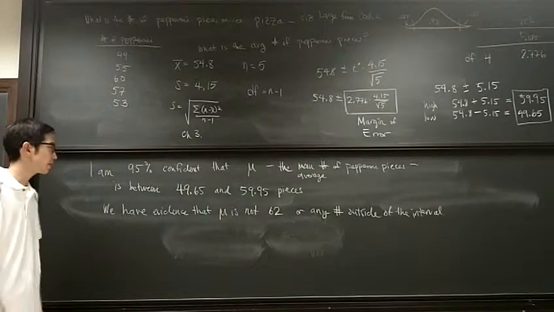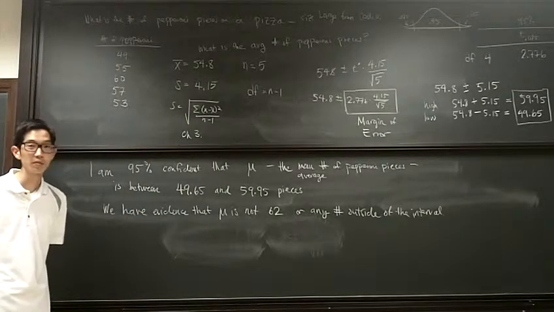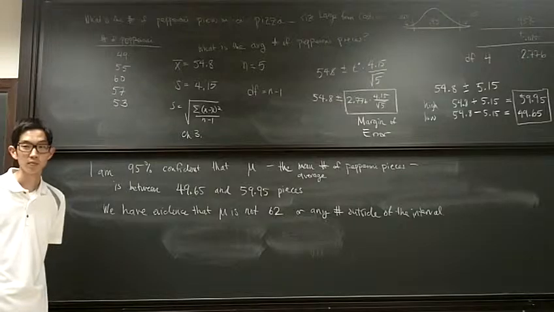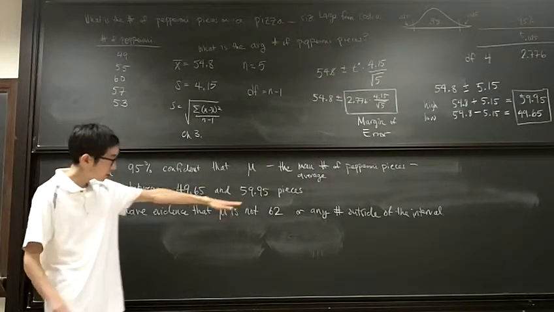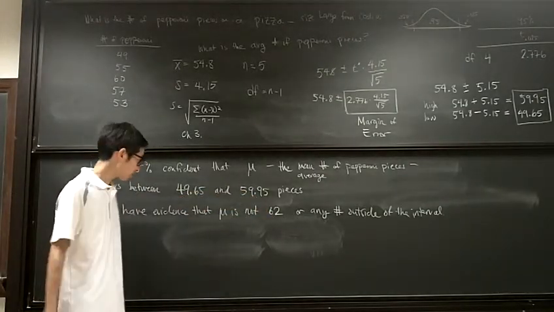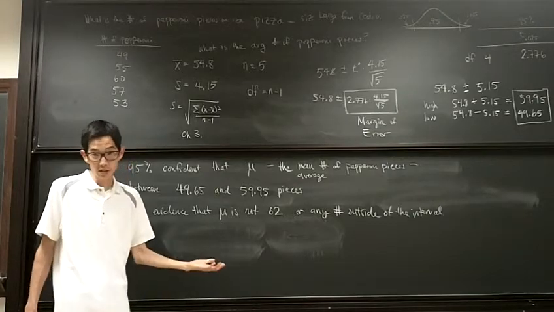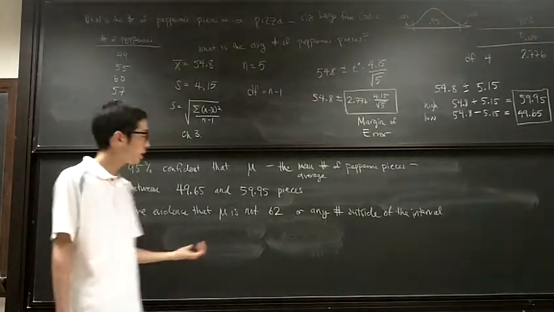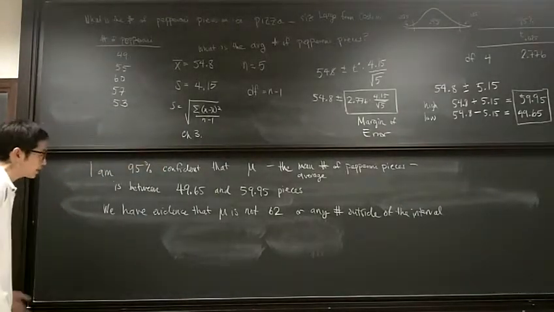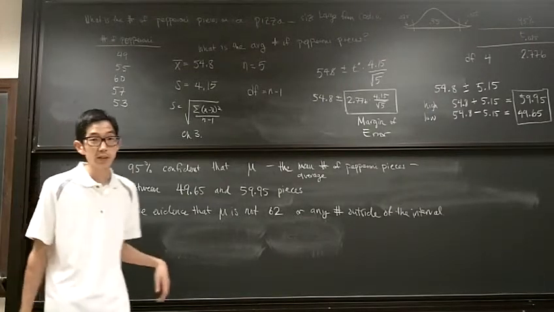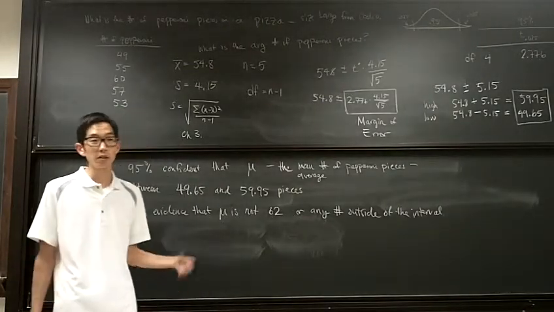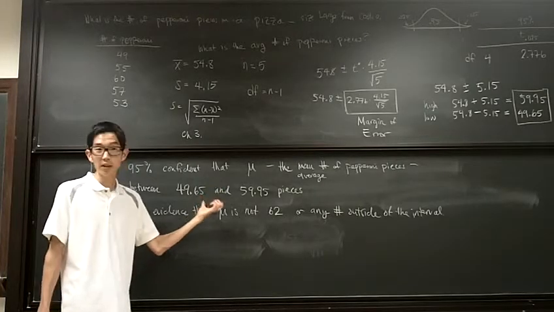Okay, so we have evidence that mu is not 62. We have evidence that mu is not 60? Yes, because 60 is outside of my interval. Barely, but it's still outside of my interval. On the other hand, do we have evidence that mu is not 55? No, because 55 is inside the interval.